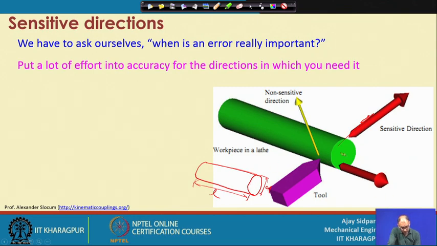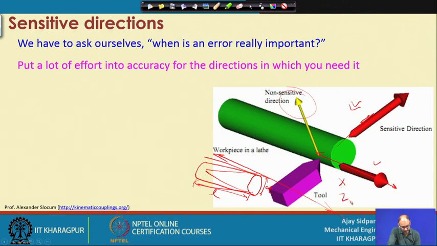And if your machine is not stiff in this direction, that means when your tool is moving in this direction, your tool should always be in a straight line. Otherwise you will get a taper turning in this direction or that direction, right.